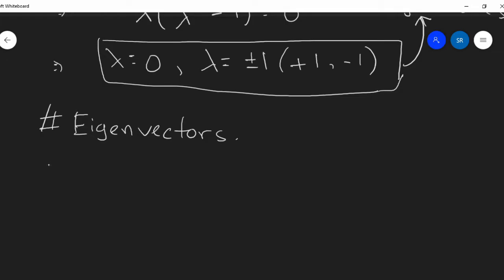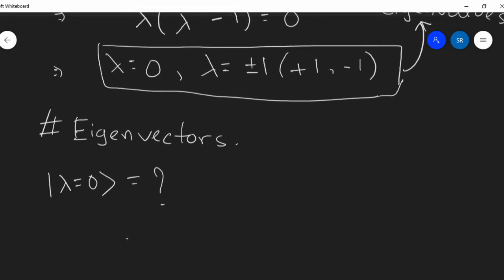But I'm just going to give a brief version. For lambda equal to 0, we need to find this. And let's not forget, we need to find the normalized eigenvectors.